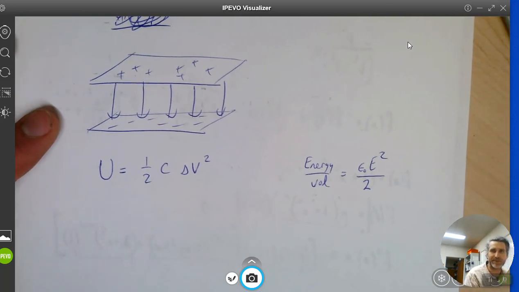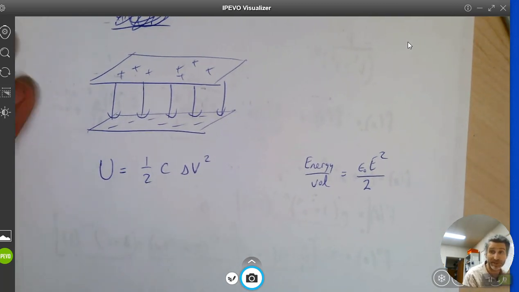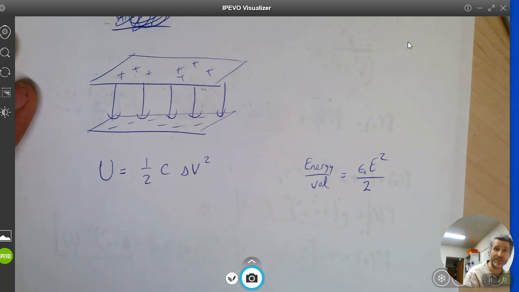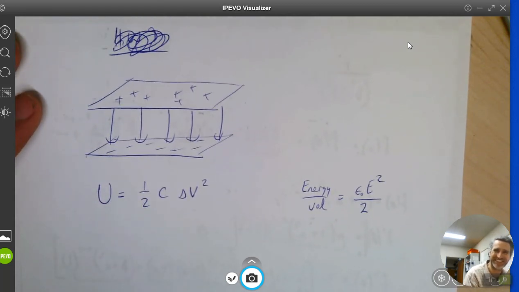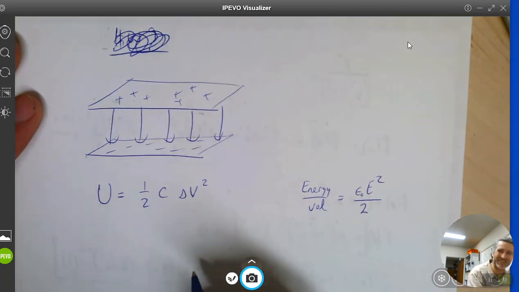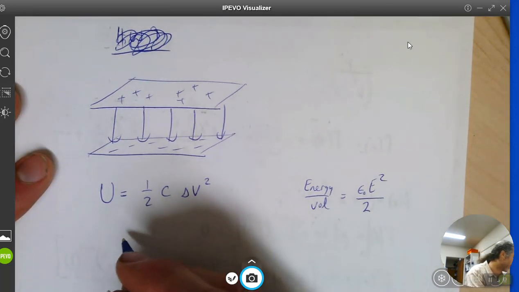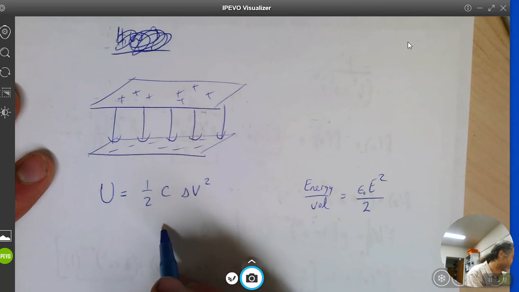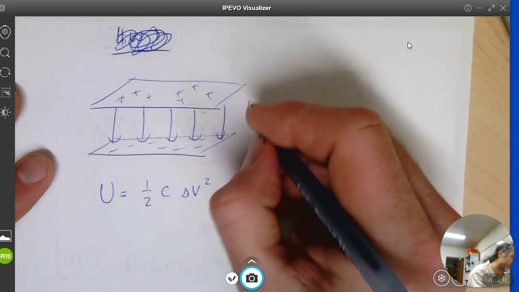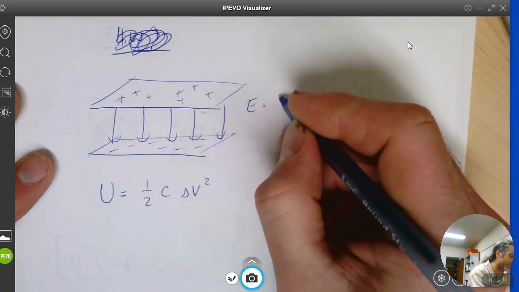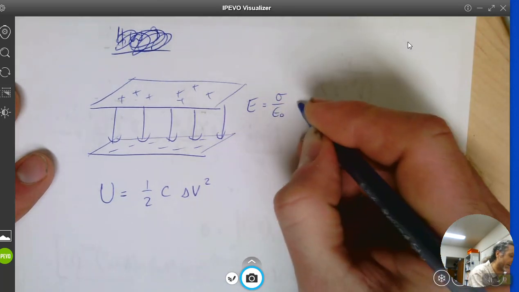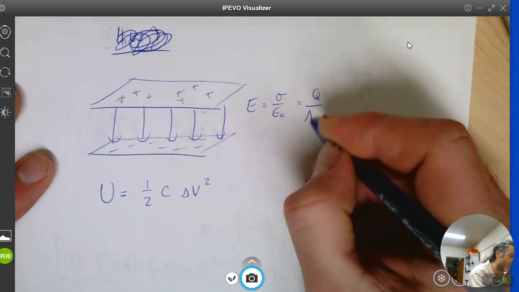And this was meant to be sort of an analogy with the B squared term that we saw for a solenoid. I wanted to make a simple proof, and it ended up not feeling so simple in the moment, but I wanted to show you that maybe it is simpler than we might have thought. So my simple way of going about that is that, if this is our expression here, we can see that the electric field in between two capacitor plates is going to be sigma over epsilon naught, which is also Q over A epsilon naught.